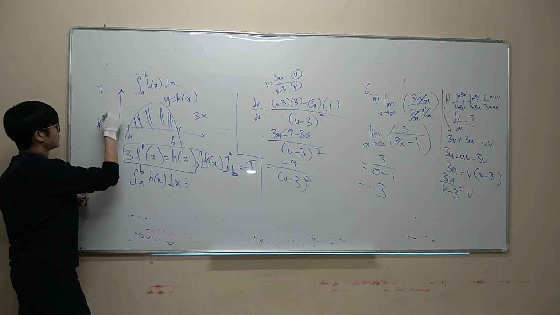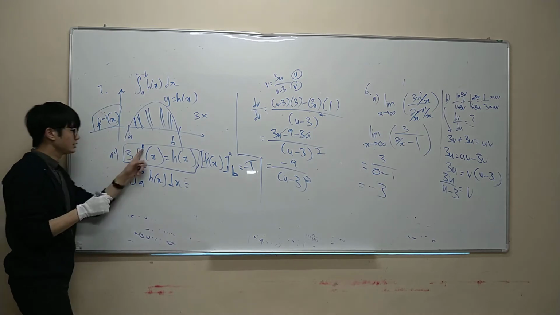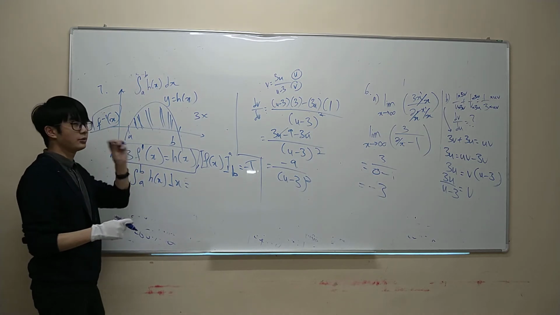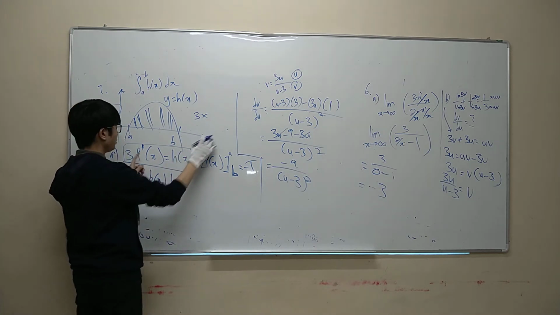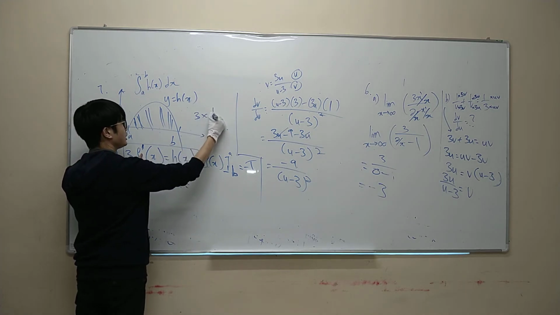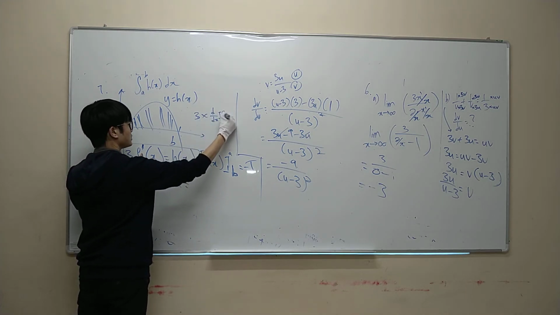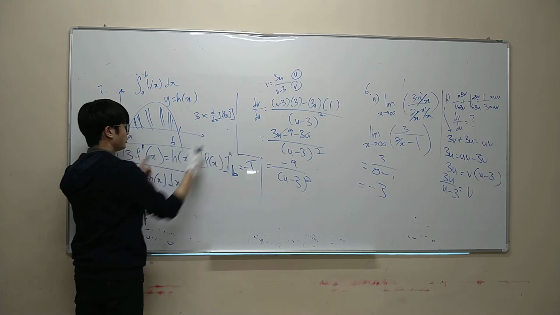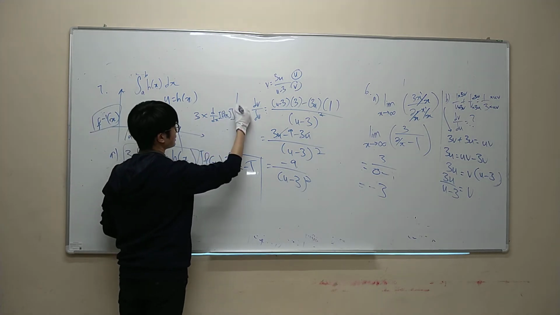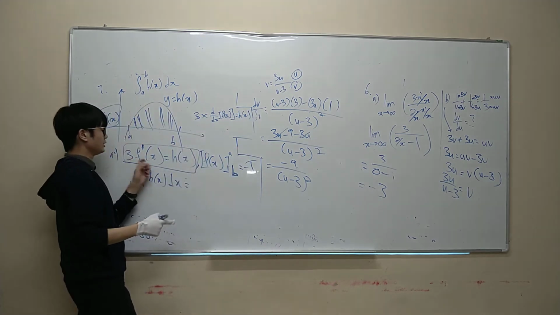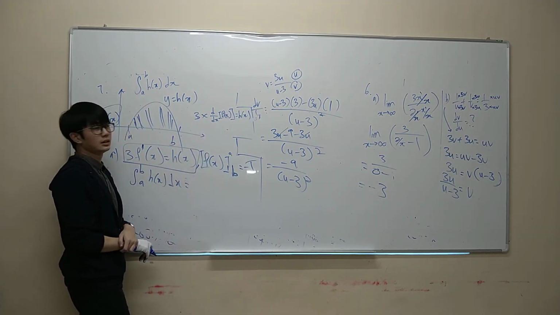F inverse is like this. This is the symbol for differentiation. So actually what it means is 3 times the derivative of fx equals hx. That's what it means.